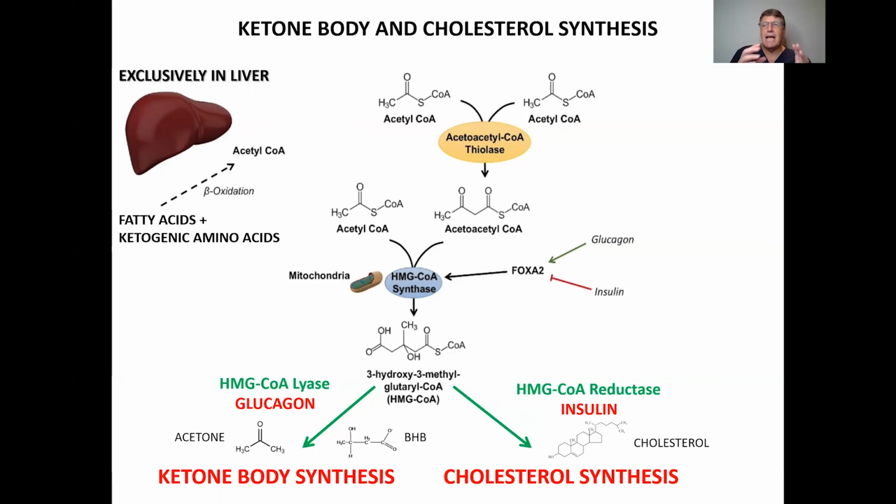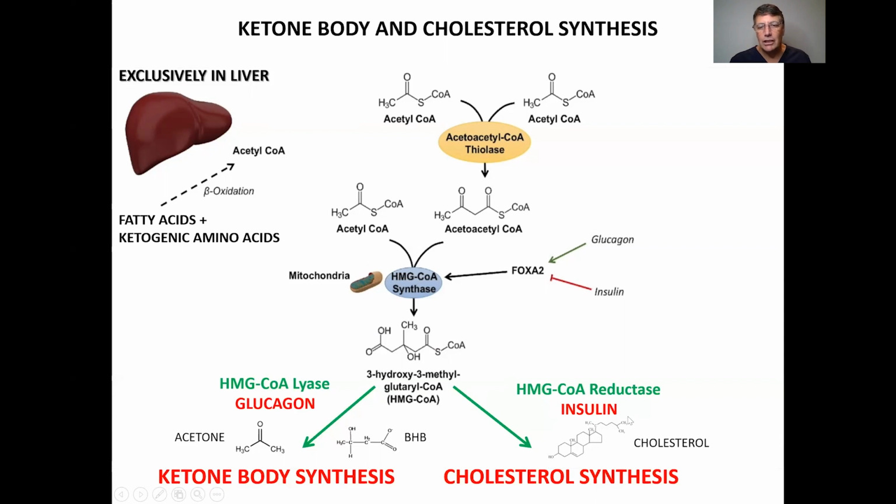The liver is a massive factory for cholesterol, which is a vital molecule that governs every aspect of every cell's life. The cell membrane of every cell has to have cholesterol in it. And cholesterol is the precursor for all of the steroid hormones. And look here, folks.